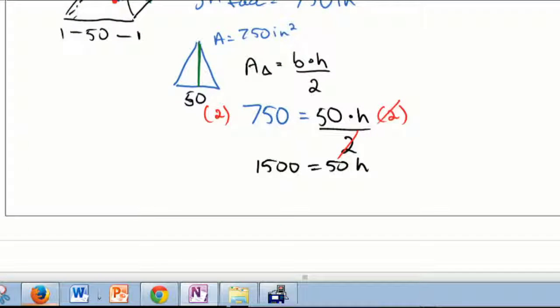And then I'm going to divide both sides by 50 to end up with just my height. So 1500 divided by 50 is going to give me 30. So 30 is equal to the height of that face.